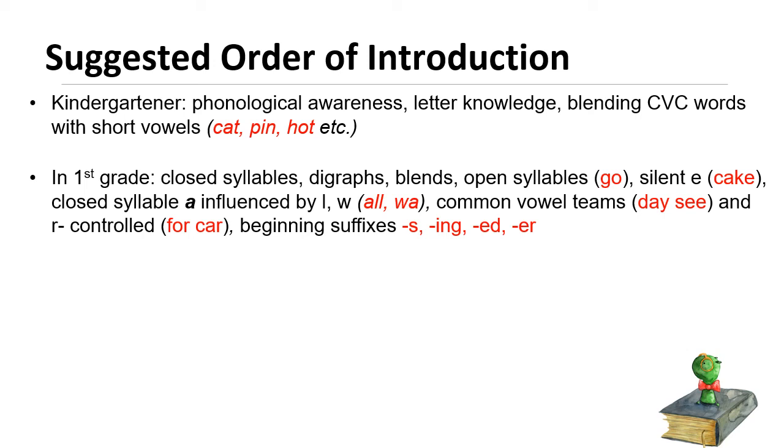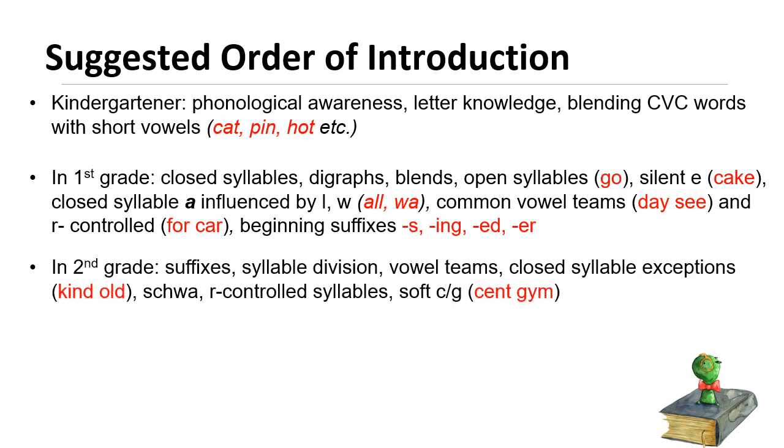And then we also want to introduce some R-controlled vowels in simple one-syllable words, such as for or car. And then we'd like to introduce beginning suffixes, those suffixes that are very common. We see them throughout all different types of text, such as the S, the ING, the ED, and even the ER. I like to introduce suffixes early.